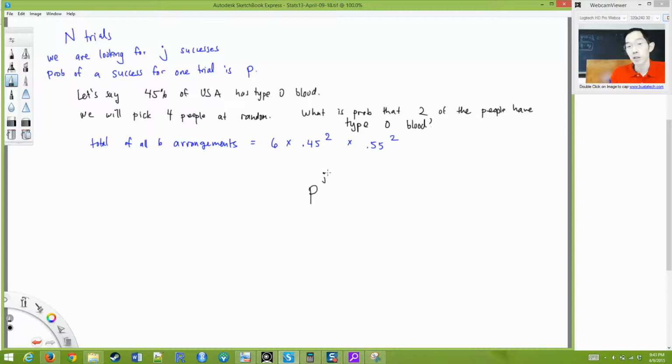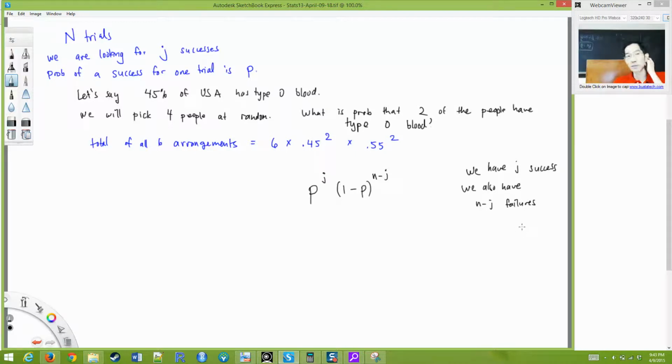But that means if we have a total of n trials, how many failures do we have? n minus j. And if the probability of a success is p, then what's the probability of a failure? 1 minus p. So we have 1 minus p raised to the n minus j. We have j successes and n minus j failures.